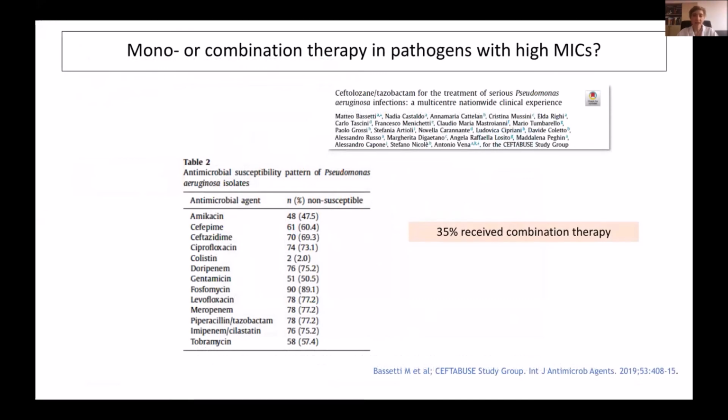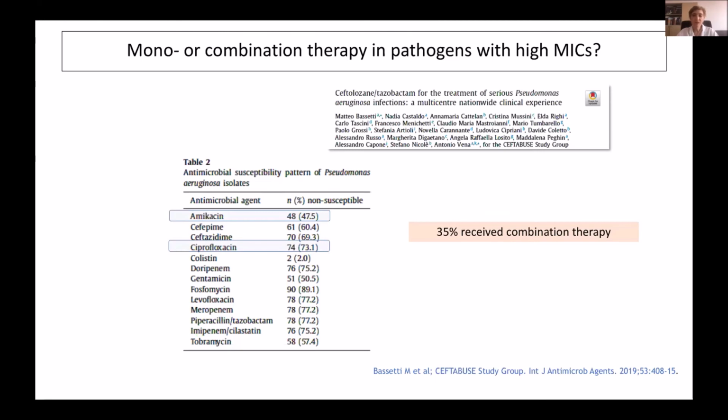The second approach to consider in these intermediate resistant strains is the use of combination therapy. When we look at observational studies treating MDR Pseudomonas aeruginosa, we can see that one third of the patients actually received combination therapy, mostly with aminoglycosides or ciprofloxacin.